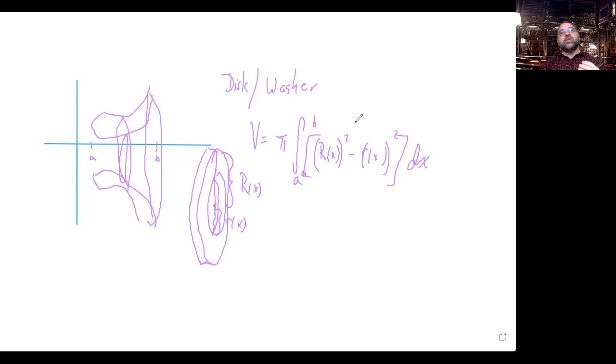As a quick rule, if your axis of revolution is a horizontal line, then usually the disk/washer method is the way to go. It keeps everything with respect to x. When we did this last year, you might remember, both Mrs. Stuckey and I probably beat it into you that you want to shade in what we called the representative rectangle.